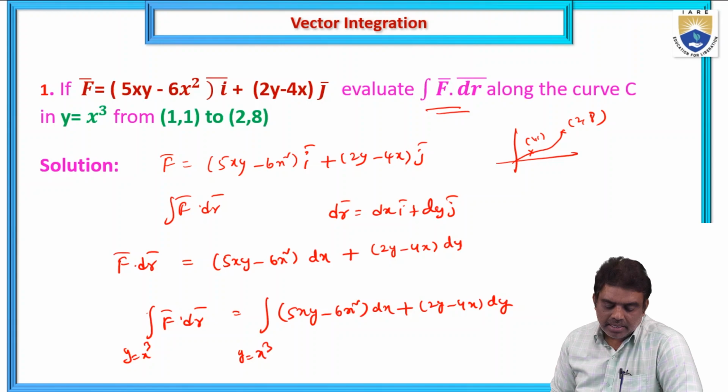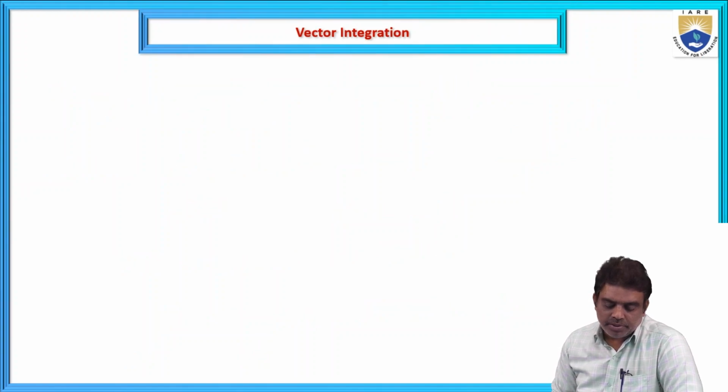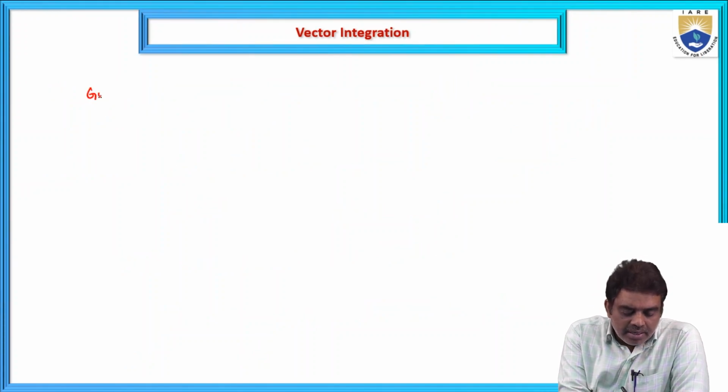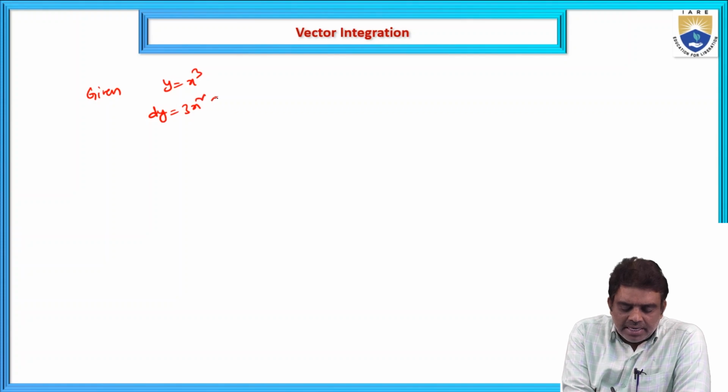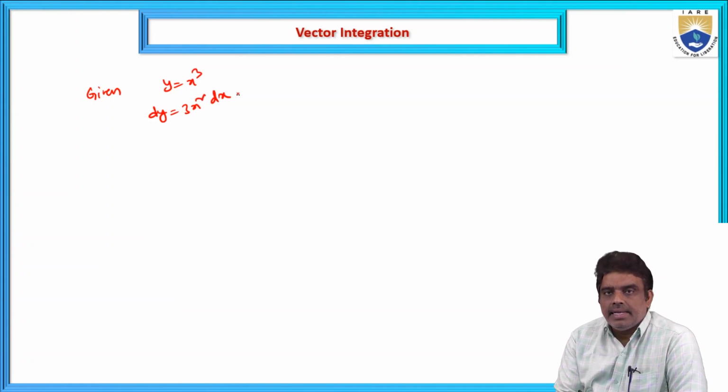So here y is equal to x cube is the given curve. On differentiating, dy is equal to 3x square dx.